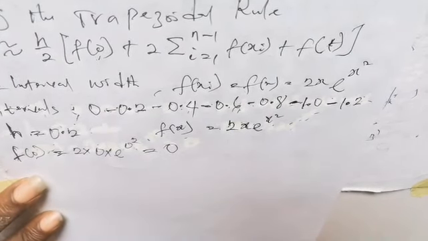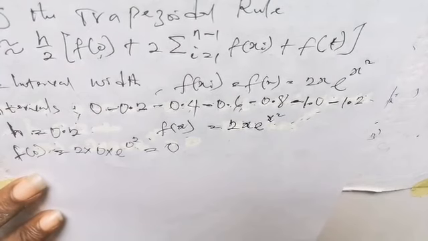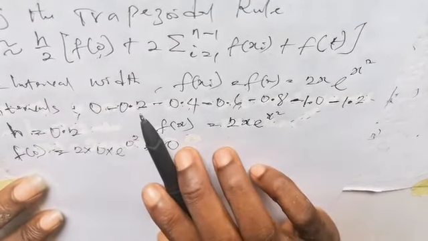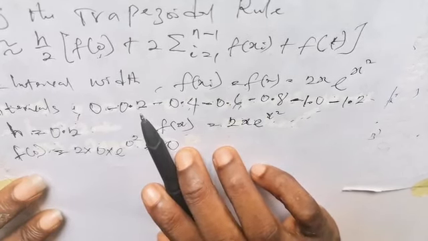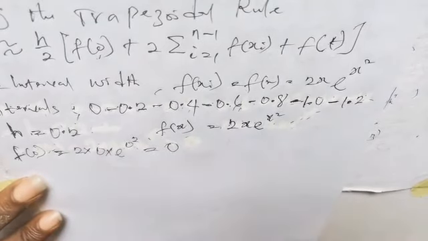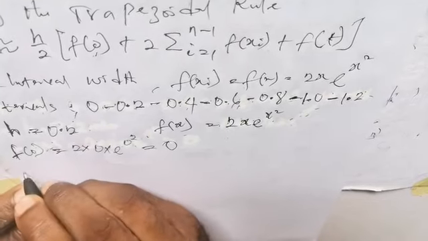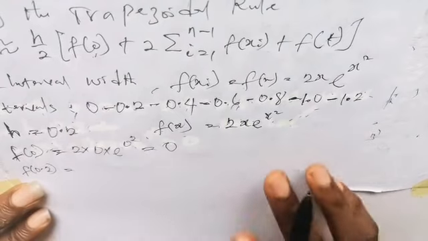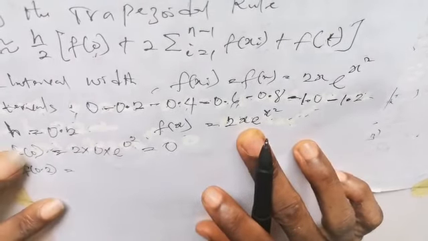The next thing I would want to do is find the function at the intermediate limit. After 0, the next interval is 0.2. So we find f of 0.2. Wherever you see x in the function, put in the value as 0.2.